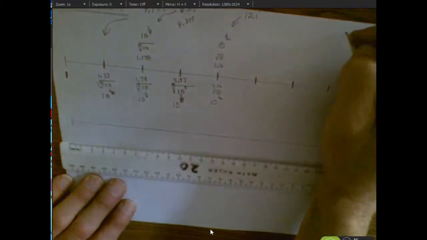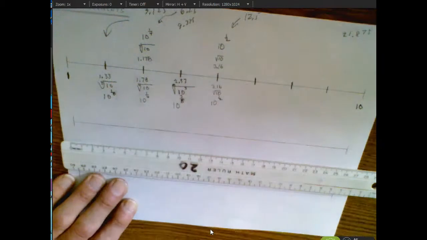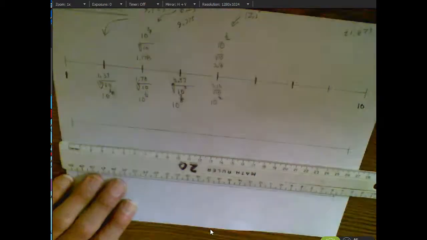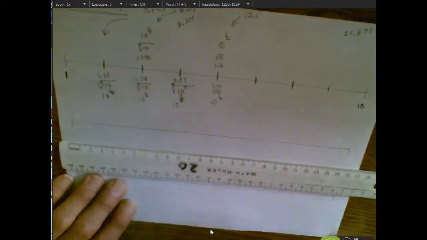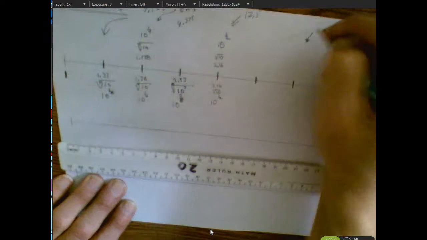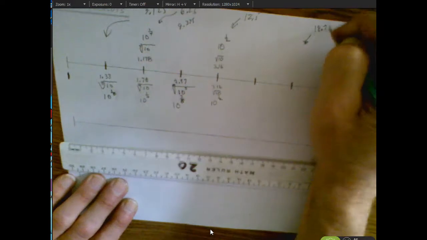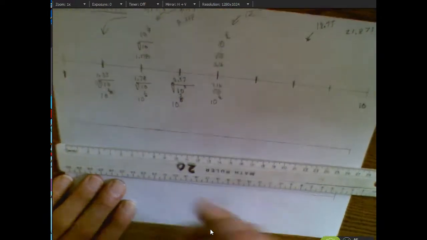I'm going to mark this one at 21.875. And then 3/4, so 0.75 times 25 is 18.75. This one here is 18.75 and 5/8, so 0.625 times 25 was 15.625.